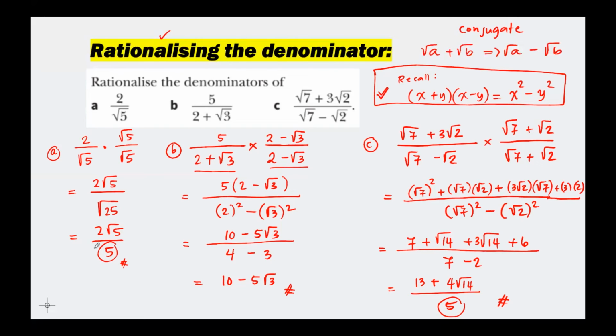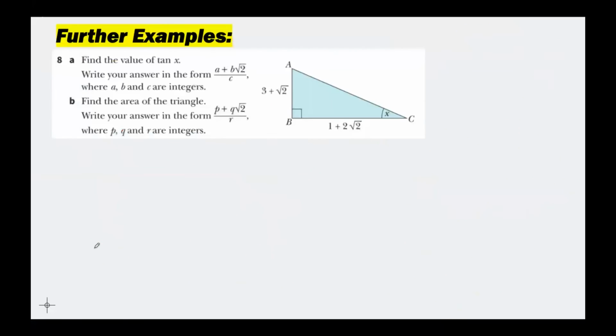Okay, so how are we going to apply this using past year questions? So let's have these ones. So how are we going to find your tangent of theta? In this case, you have to recall your trigonometric ratios because you're dealing with right angle triangle.